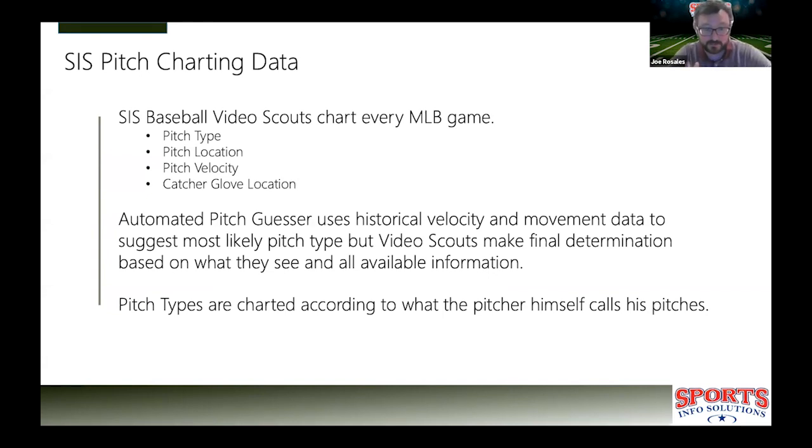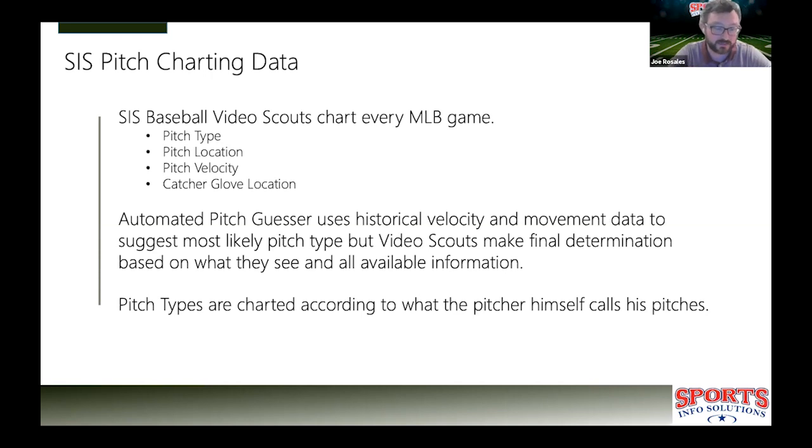As it relates specifically to pitch type, the video scouts are making their determinations, and we give them some tools to help. Given that we're as analytically inclined as we are as a company, our R&D team has created what we call a pitch guesser, an automated pitch guesser that uses information on the velocity and movement of the pitch, and the historical velocities and movements a given pitcher has had associated with each of his pitch types.